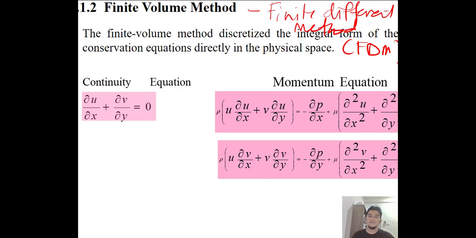So in CFD, usually we start with the finite difference method, although most computational fluid dynamics software uses the finite volume method.